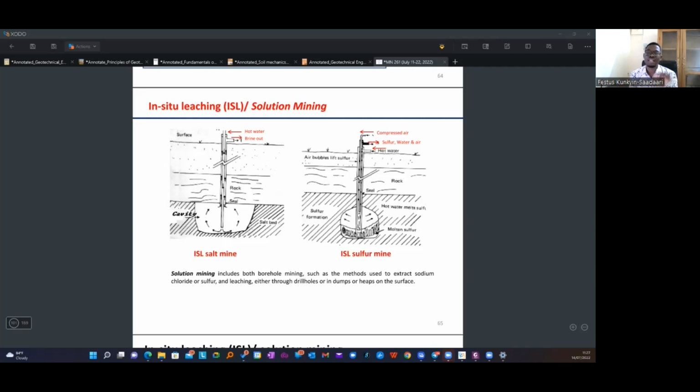And I explained that the term in situ simply means in place. So the mineral that I am interested in should be where it is. I don't need to do any drilling and blasting to get it. It should be there. Then I'll find a way to just drill a hole to get access to that deposit at that depth where it is.